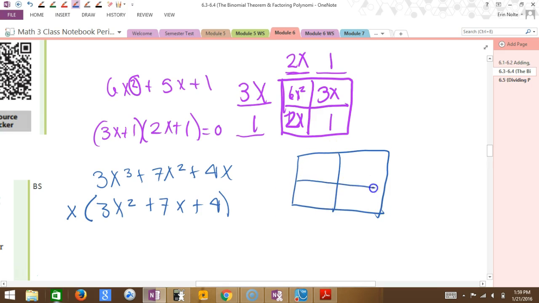I would start in my upper left corner with 3x squared, and my lower corner. Now what would my other two boxes be? Because those add up to 7x. Now let's do our little spaces here. What can we take out of the very bottom one? 4. What about the next one?